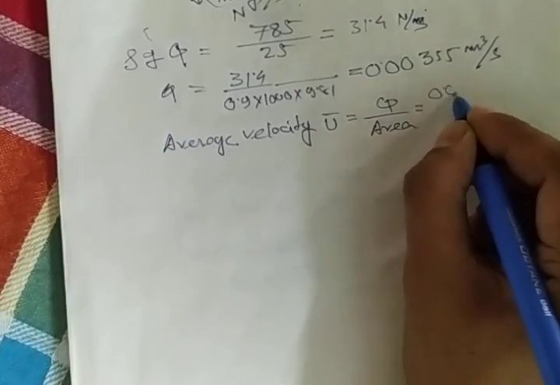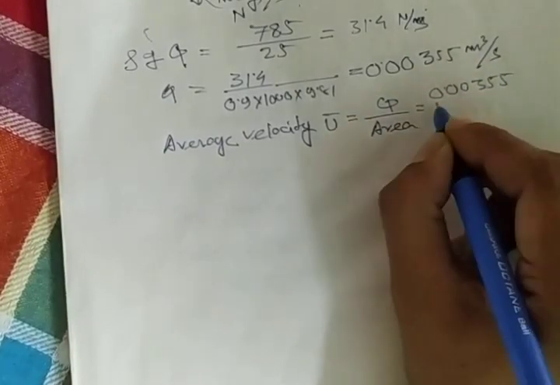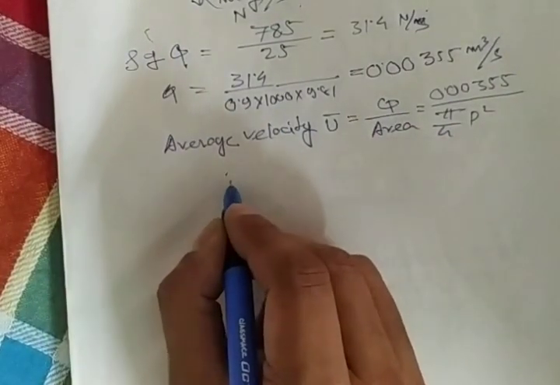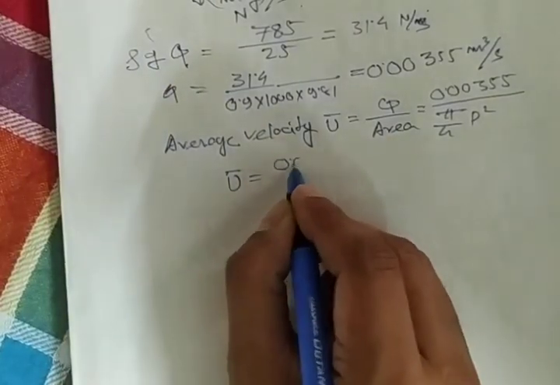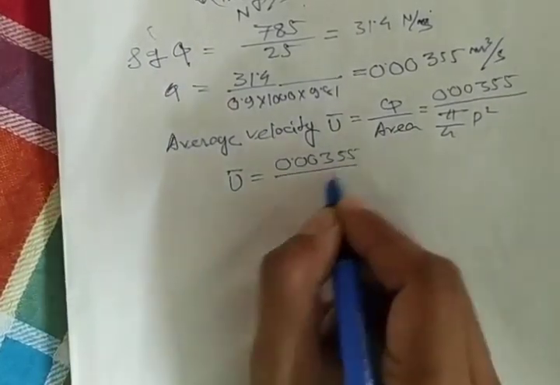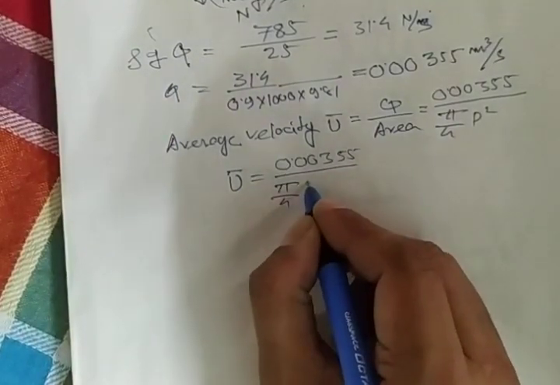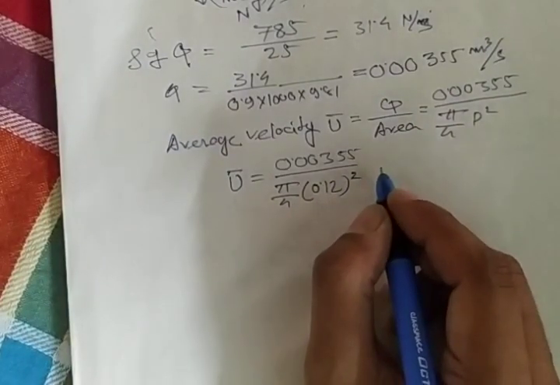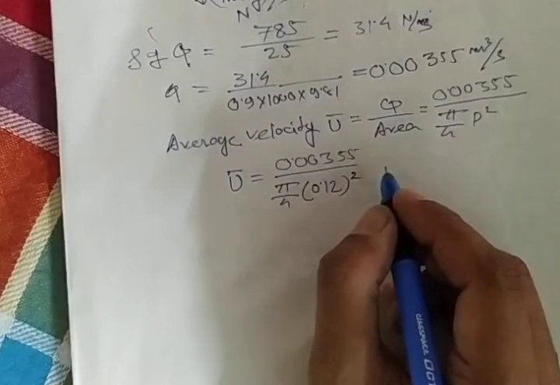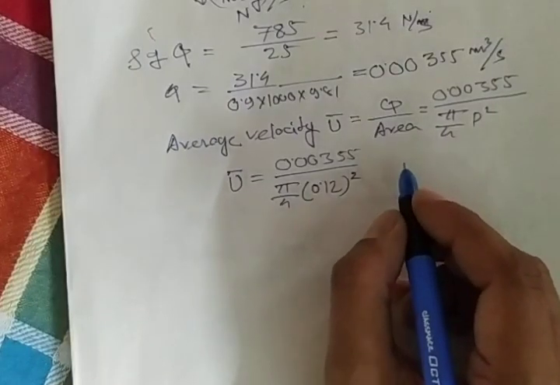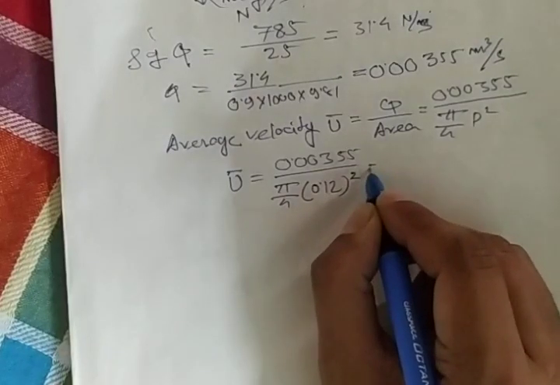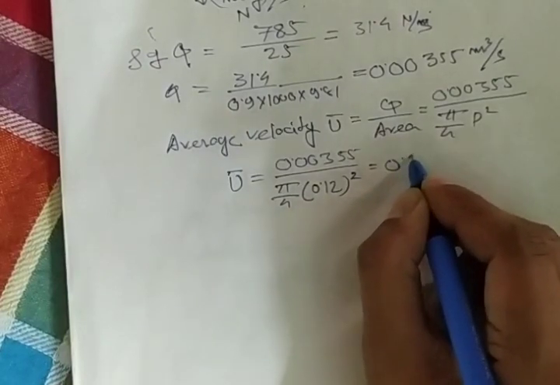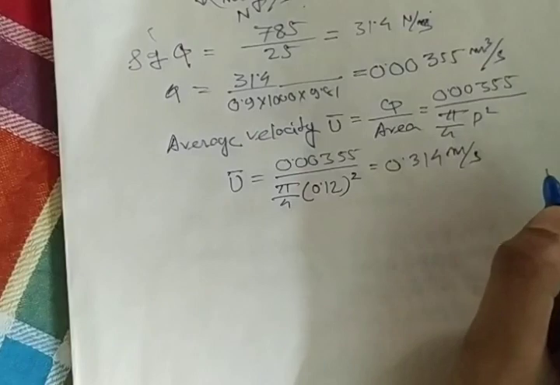So U bar is equal to 0.00355 divided by pi by 4 d square, that is 0.00355 divided by pi by 4 into 0.12 square, which is equal to 0.314 meter per second.